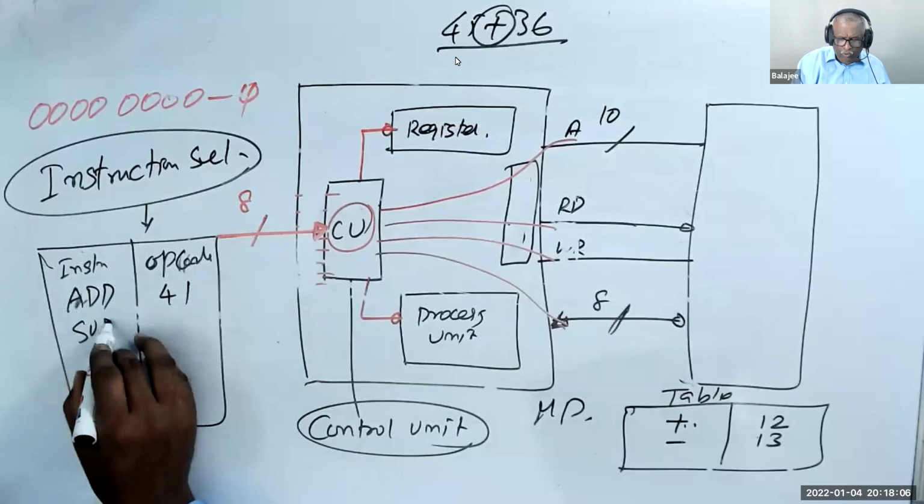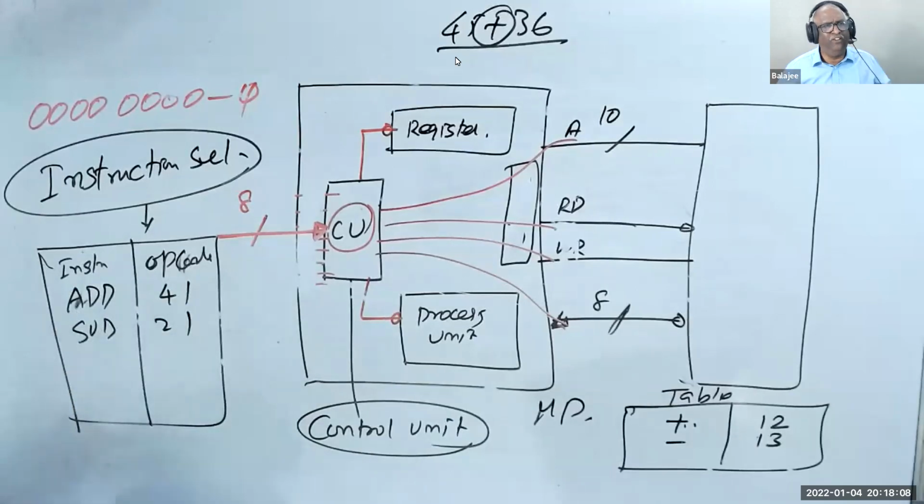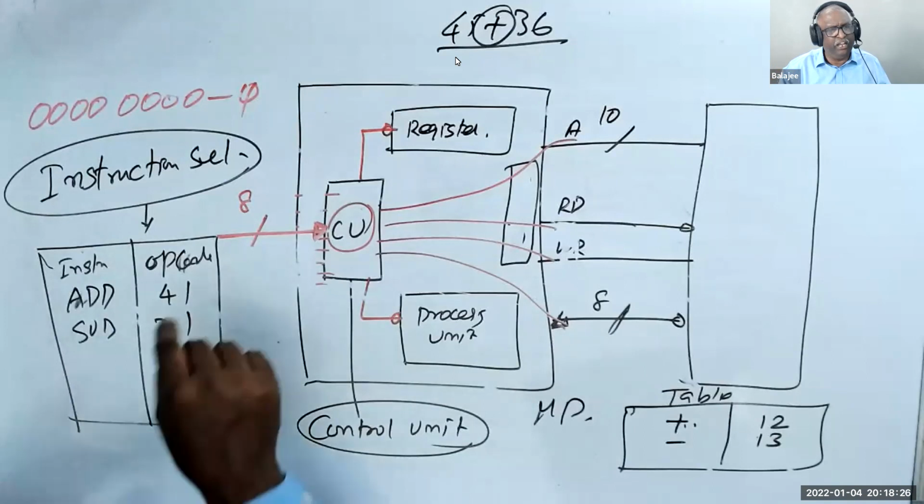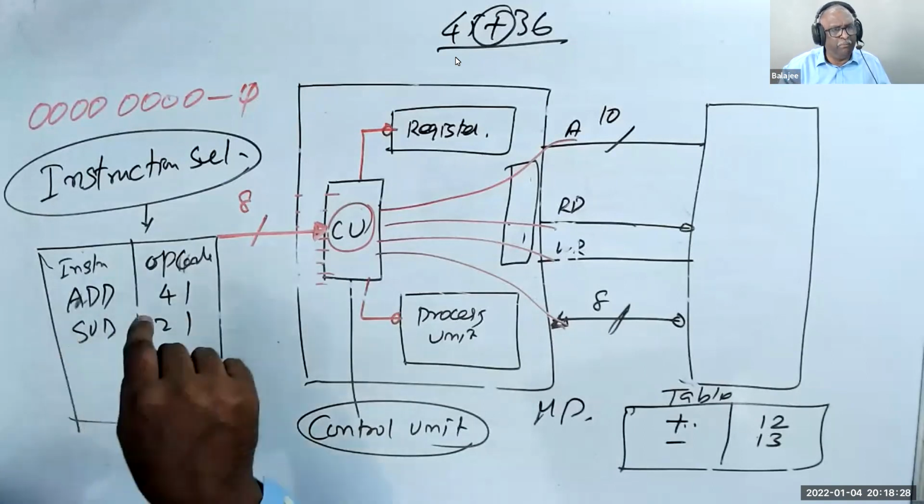Subtraction, 25. So it is like you have a language. In your language, for every operation you have a word. For example, go means go; in Hindi, ja is go in English. Then come. For every activity there is a specific word. Here, for every activity, there is a number.